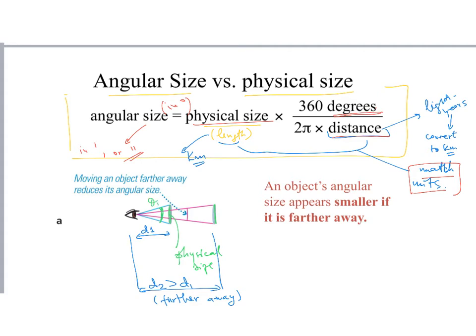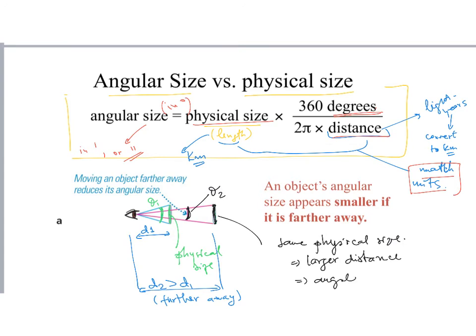Later on this object, which has the same physical size, but because we have a larger distance, it's further away, look what happened to the angular size. The angular size is now theta 2, smaller than theta 1.